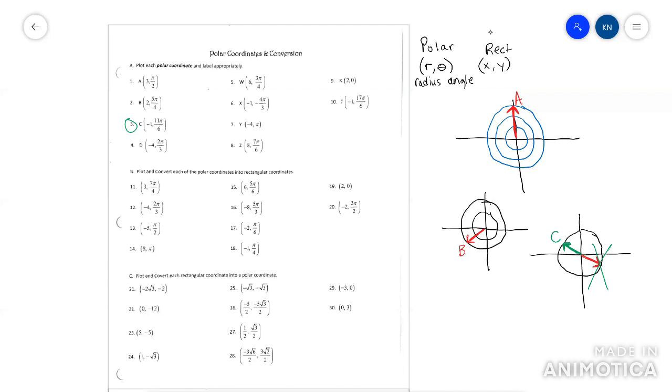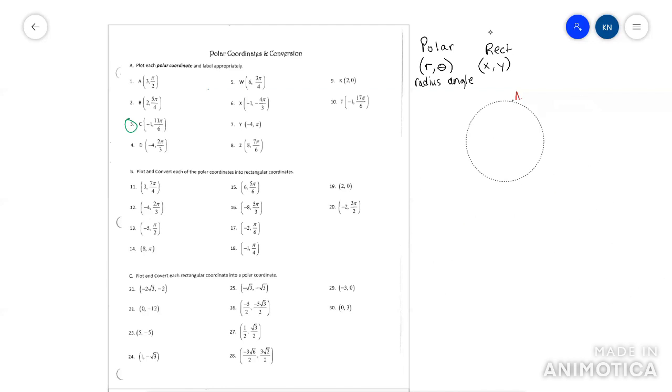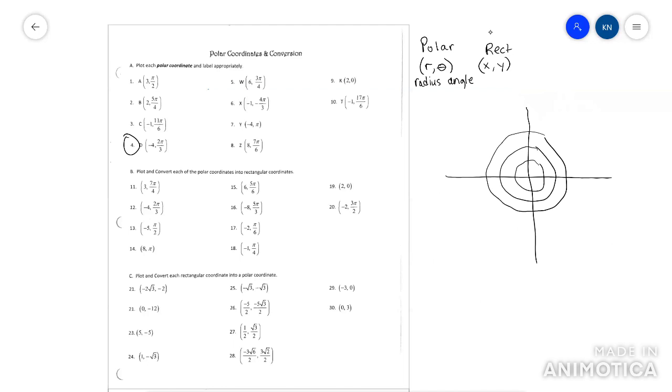Let's look at D. I would be drawing 4 circles: 1, 2, 3, and 4.